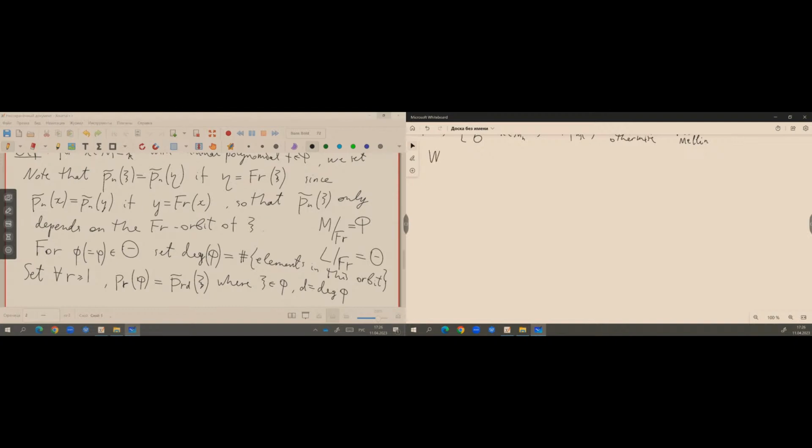So we will consider those P R of phi as the power sums in the variables y, i, phi, such that the degree of any variable is the degree of phi.